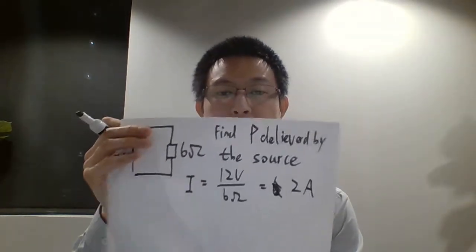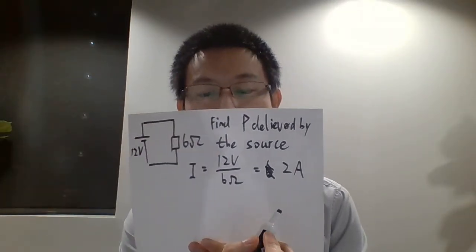This is just a simple circuit, and as we have learned from Ohm's law, the current I equals 12 volts over 6 ohms, which is 2 amps. This is the current of the circuit.